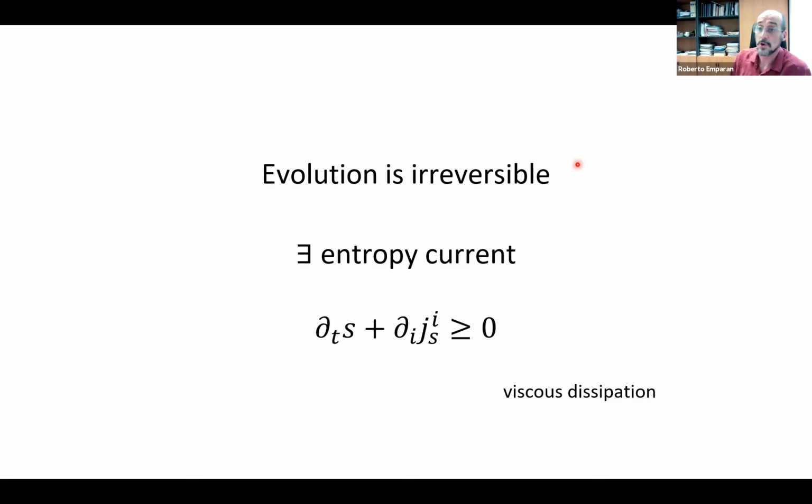In fact, one can show that from those equations one can construct a current that captures this irreversibility, an entropy current, actually. Okay? So you can construct out of those equations a quantity whose divergence is non-negative.